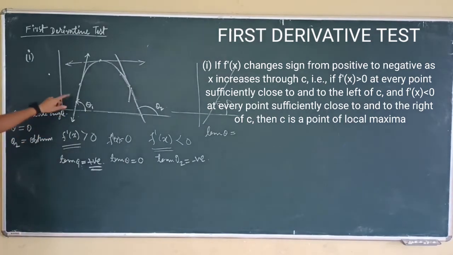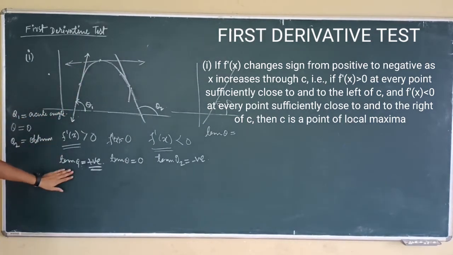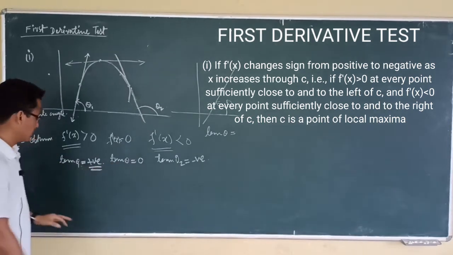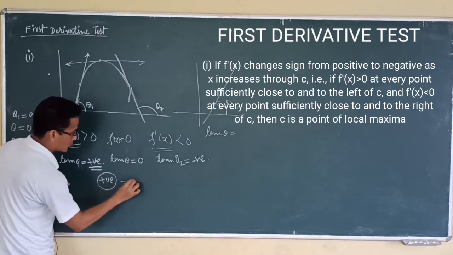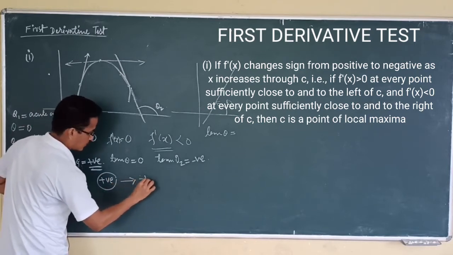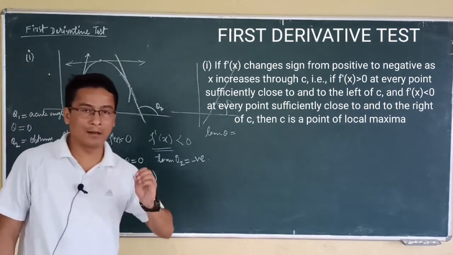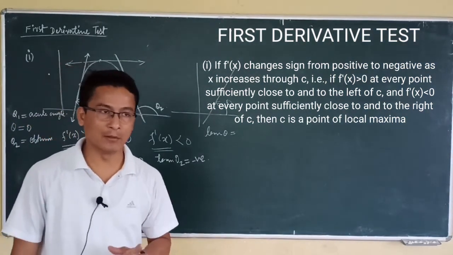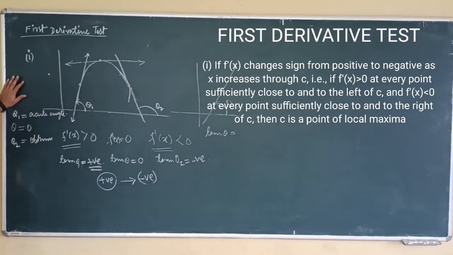When the slope travels from positive to negative direction, then we will get the local maximum value of the given function.